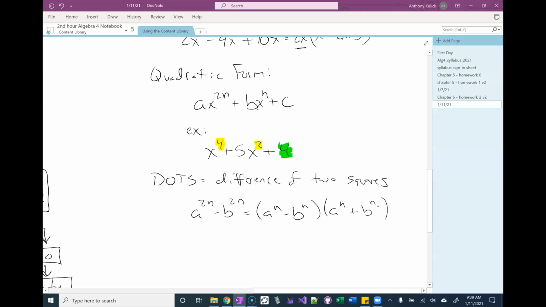So DOTS stood for the difference of two squares, and I'm writing this a little more generally than we would have in the section on quadratics. Technically speaking, if I had x to the fourth minus y to the fourth, that still should count as a difference of two squares, as long as both of the exponents are the same even exponent.